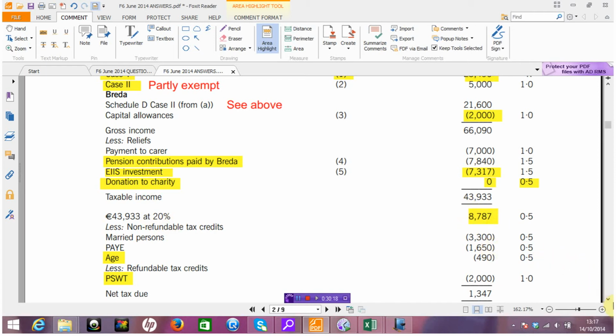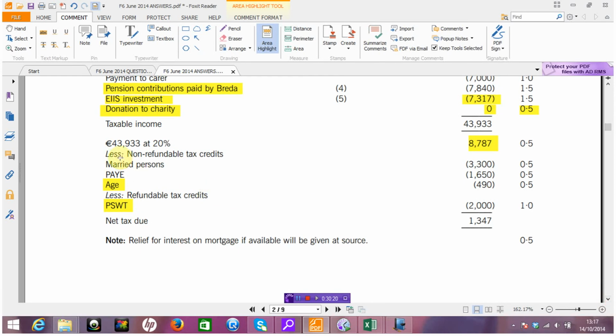Okay, now here's some easy marks for us here, and I think these are the sorts of marks that I mentioned when we looked at the requirements of Part B. There's some easy marks here for doing very, very little. Obviously, we've got the married person's tax credit of 3.3, the PAYE deemed credit, as it were, even though no actual PAYE was deducted, of 1650, and just remember, things like the age credit, and that's 490 for a married couple.